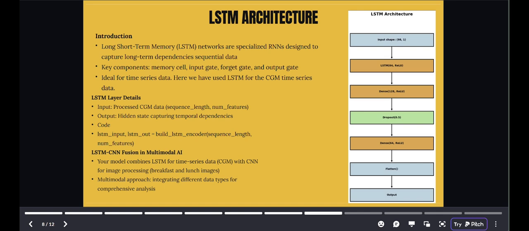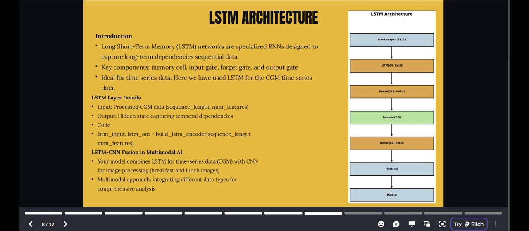Now in our next slide, let's talk about the LSTM architecture. The LSTM component was specialized for processing CGM time series data in our model. It featured key components including memory cells, input gates, forget gates, and output gates.